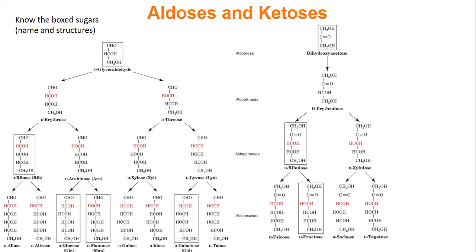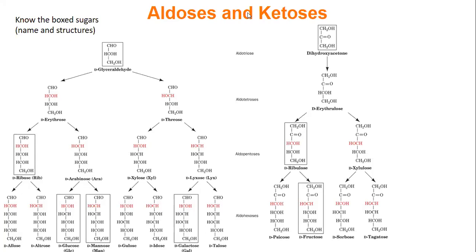I will give you a picture and ask you to name it, or I might give you a name and then multiple images and ask you which name goes with which picture. But there's only 8 different sugars for us to know.